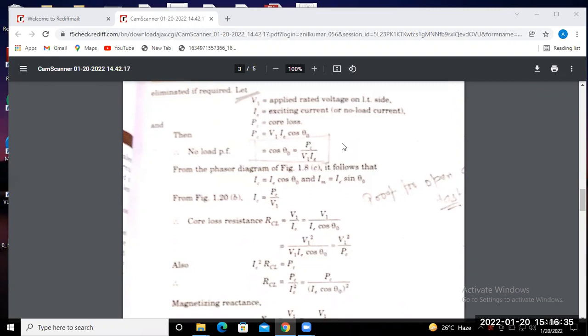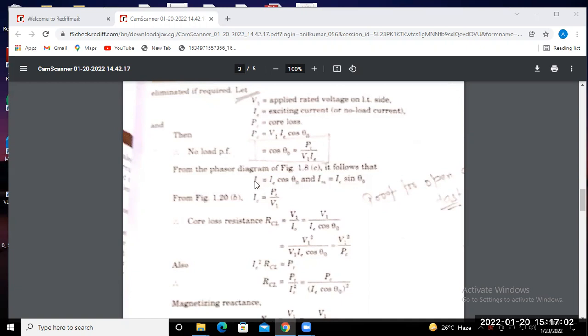So IM equals the no load current into sin theta 0, and IC equals, along IE, that means no load current, IC equals IE cos theta 0, and IM equals IE sin theta 0, is it not? So it is again the same thing, I think.